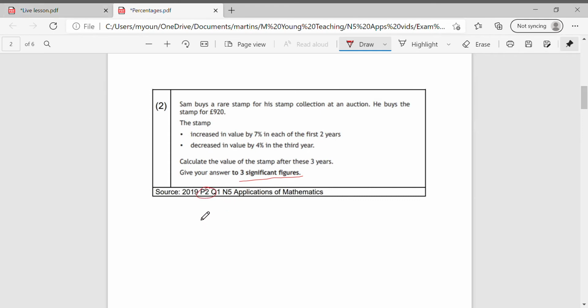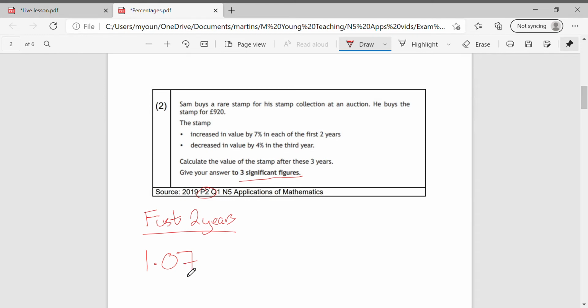So when we're dealing with percentages, but it's calculator, what you normally do is make it into decimals, right? So what we're going to do is deal with the first 2 years. Okay, so I'm increasing in value by 7%, so the multiplier for that would be 1.07.